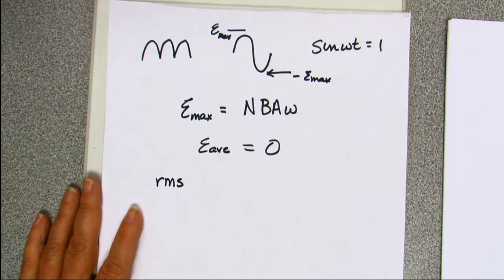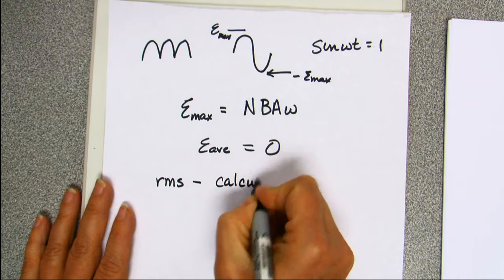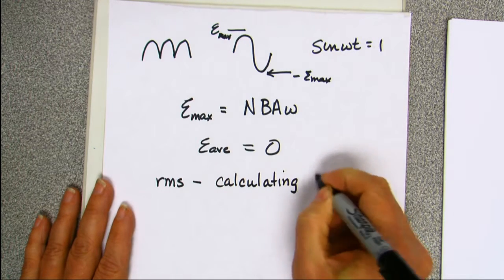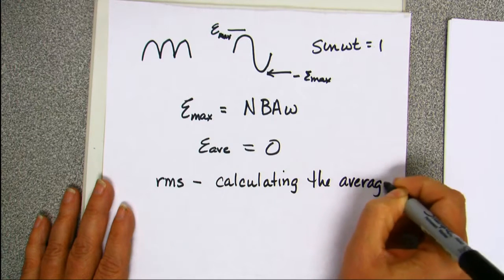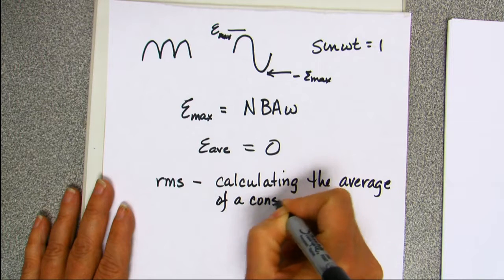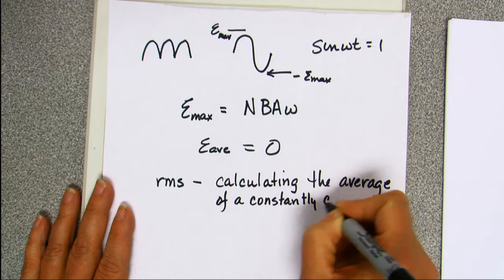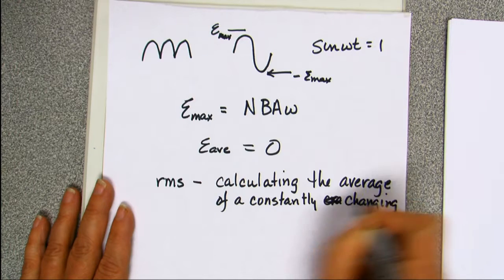And hence I gave you some information about the root mean square, because the root mean square is really calculating the average of a constantly changing value.